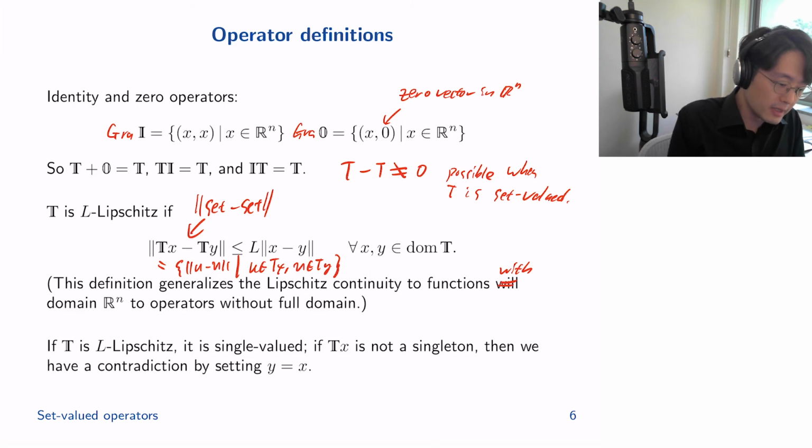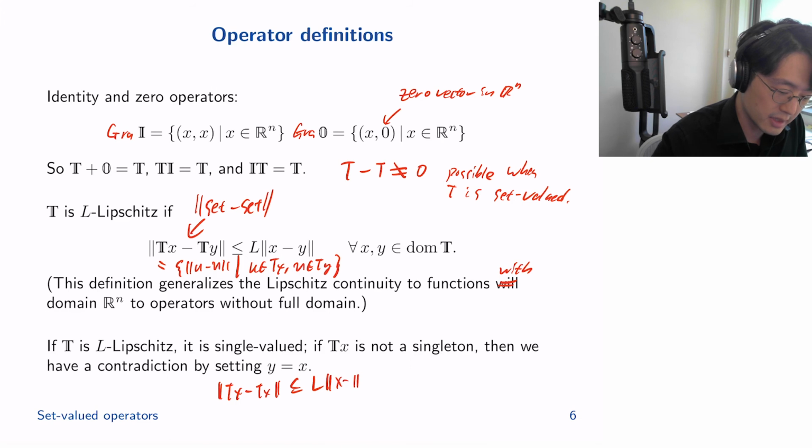But when the operator T is L-Lipschitz, then the operator is necessarily single valued, because if Tx is not a singleton, then Tx minus Tx is less than or equal to L times the norm of x minus x, which would be equal to 0.